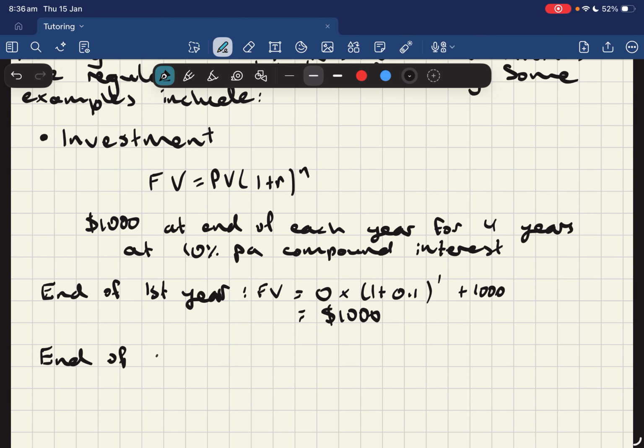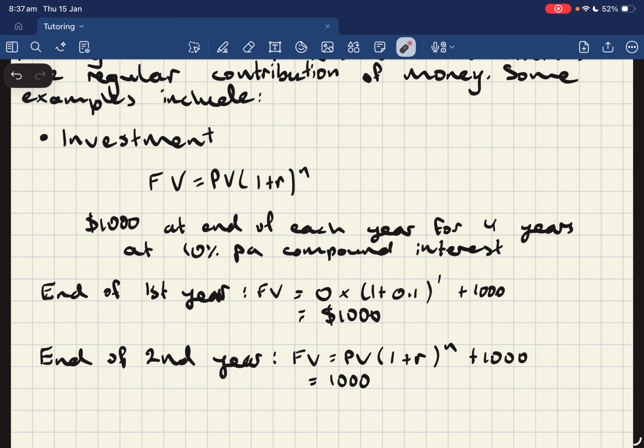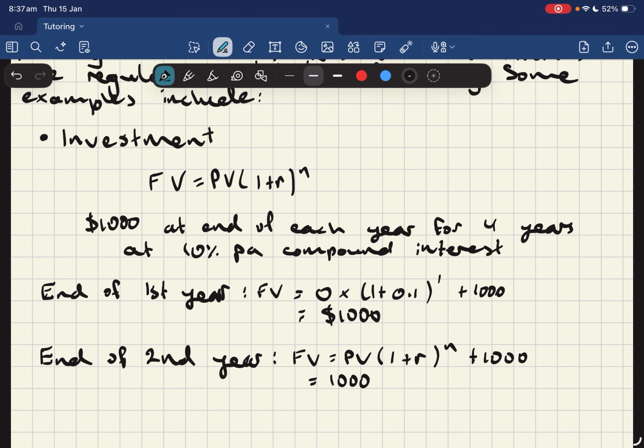At the end of the second year, what's going to happen is we have our future value formula. Remember, we are taking a present value, 1 plus r to the power of n, but we're adding 1,000 at the end of it, okay? So this means that our future value is going to be 1,000, our present value, because at the moment, our present value is what we've gotten at the end of the first year. So the end of my first year becomes a present value at the end of my second year.